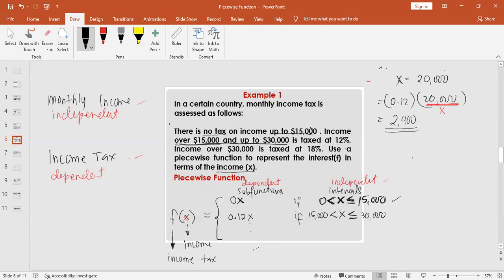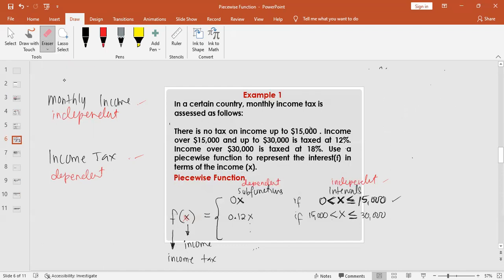What do you think will be the last subfunction? It's 0.18x. Okay, what's our third condition? You will be taxed at 18% if your income is above 30,000.